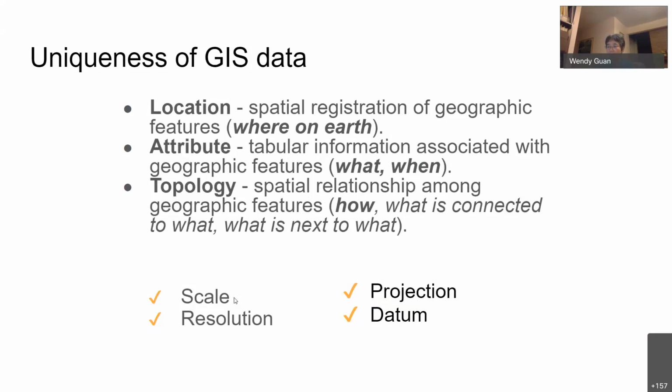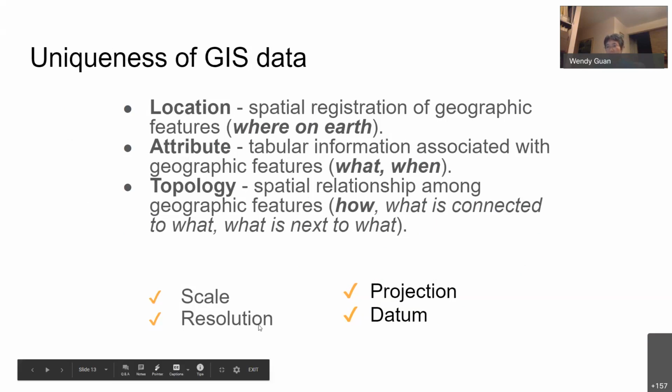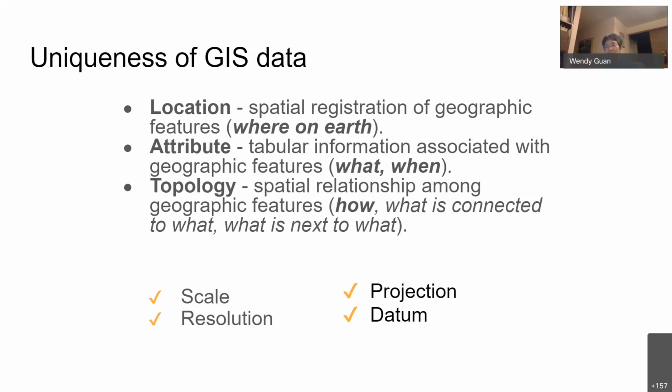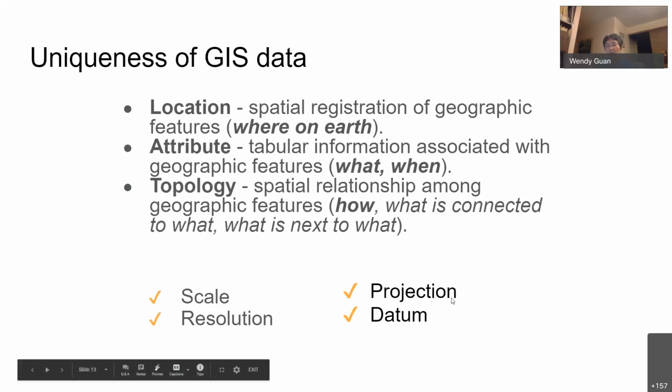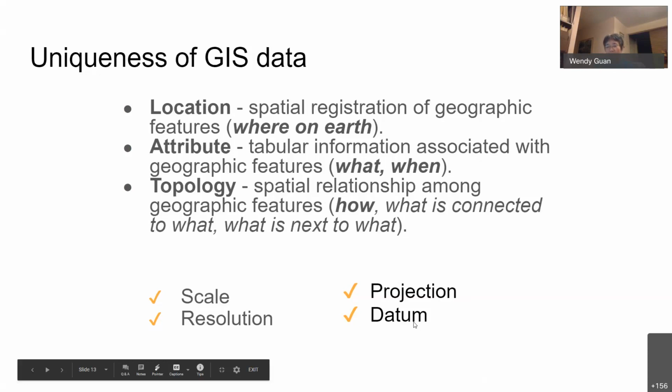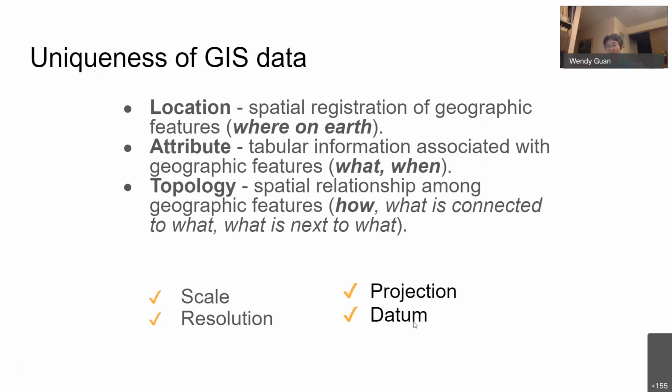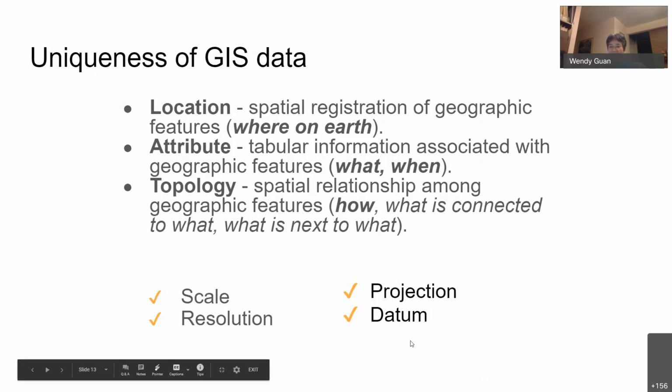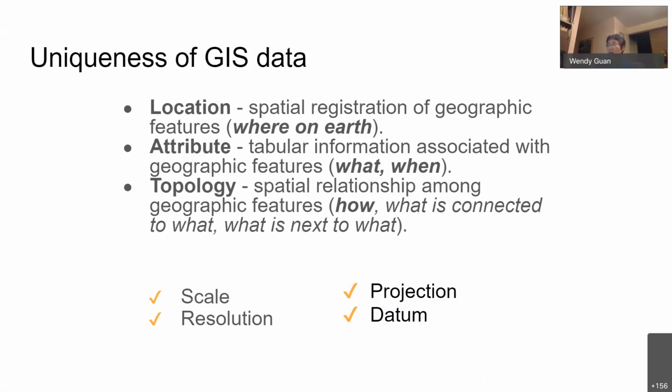The scale is important, the resolution of the data is important, and also when you're flattening out a surface of a sphere onto a two-dimensional coordinate system, you have to transpose the location by a projection, and that introduces distortion. And also recording locations on surface of the Earth, which is not a perfect ball, is challenging. So the surveyors are defining the datum that we can anchor our measurements on. All these are very unique properties in GIS data.